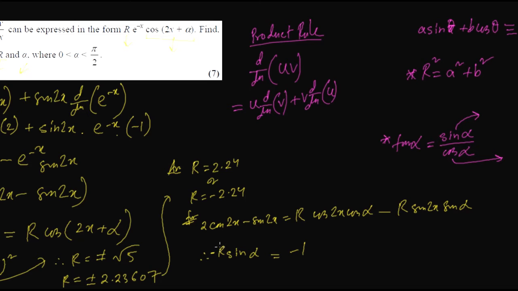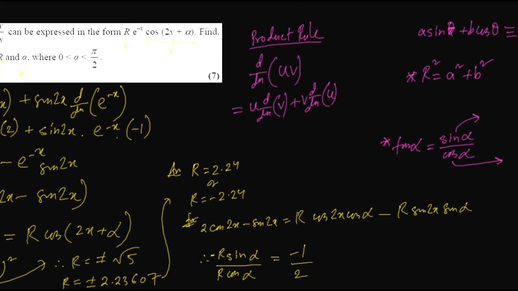So I wrote minus r sine alpha. On the other side, with sine 2x, you have minus 1. With cos 2x, you have r cos alpha. On the other side, with cos 2x, you just have 2. So I wrote 2 here.